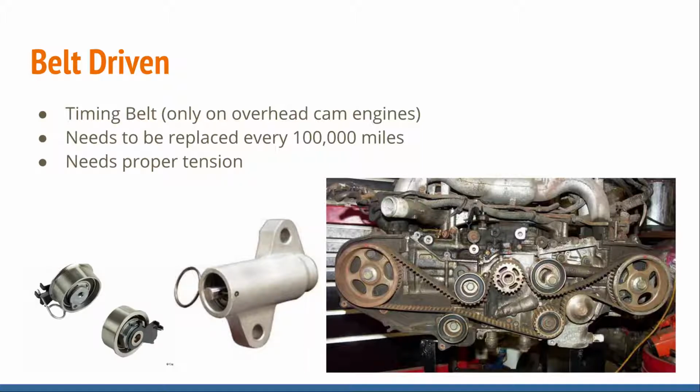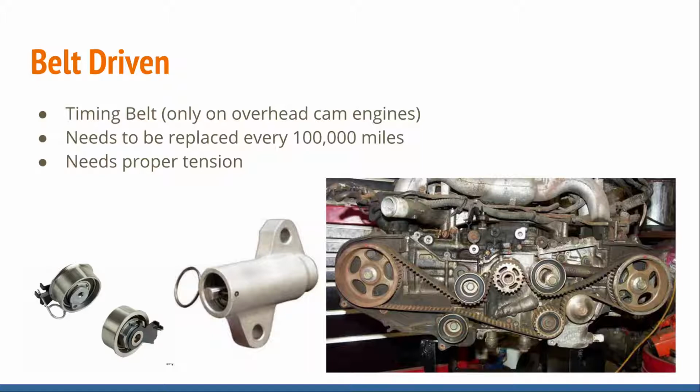If a timing belt breaks, usually the majority of engines are going to chew themselves up and have the pistons touch the valves. You're going to have catastrophic failure. They refer to that as an interference type engine. Some engines, no matter at what point the camshaft is, at what opening the valves are, the piston's never going to touch them. They call those non-interference engines.